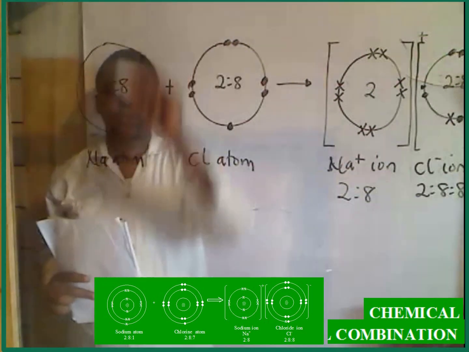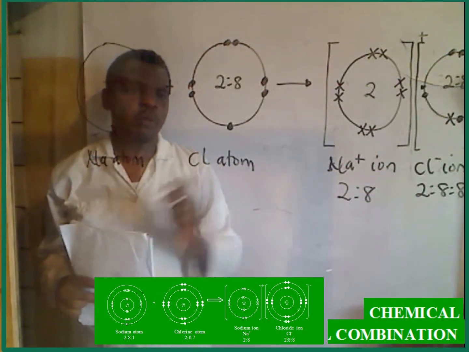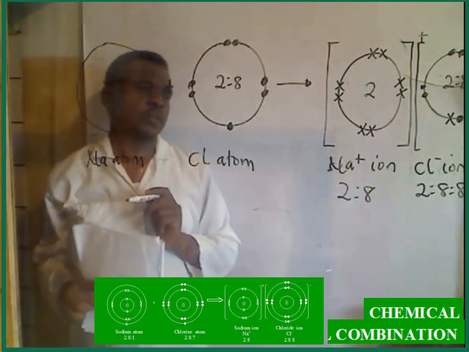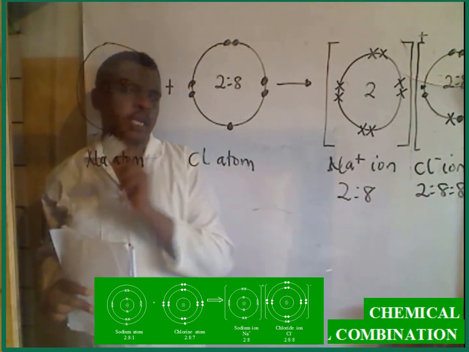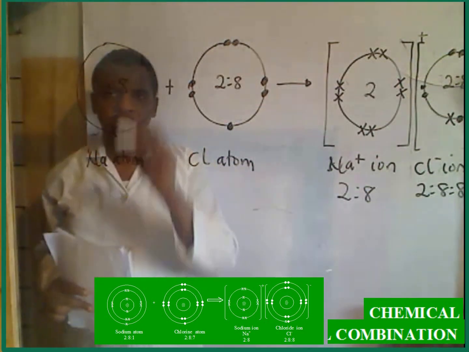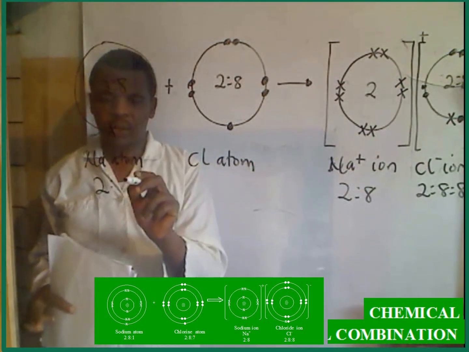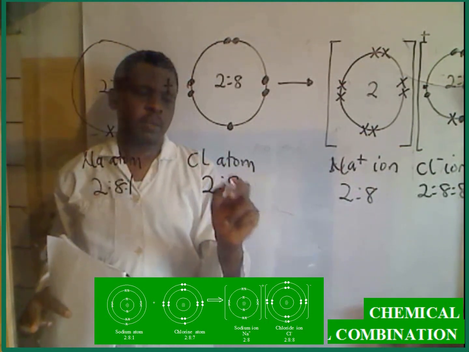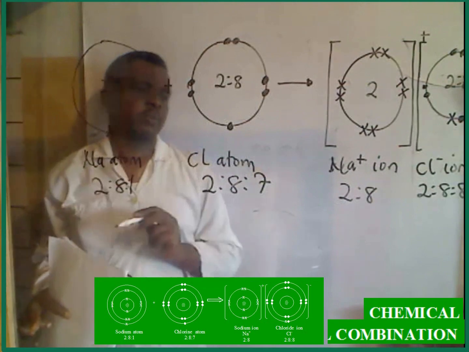So sodium has one outermost electron. Chlorine atom has 7 outermost electrons. Sodium loses its 1 electron. Now this gives us 2, 8. So here we had 2, 8, 1. Here is 2, 8, 7.